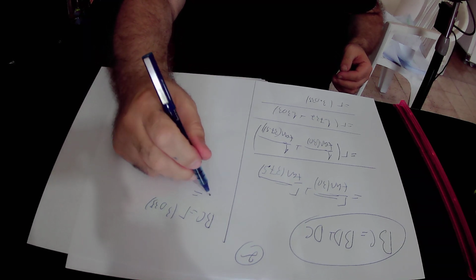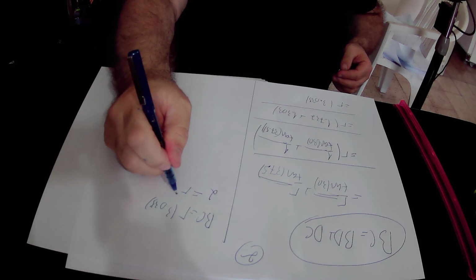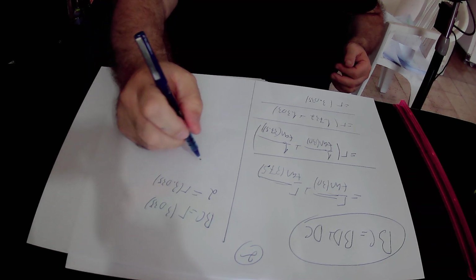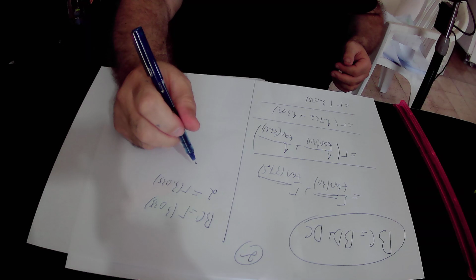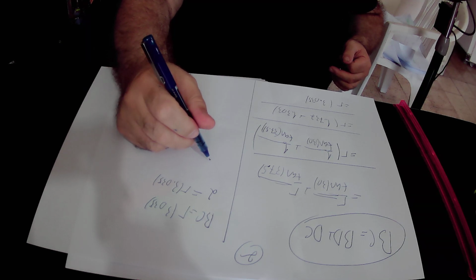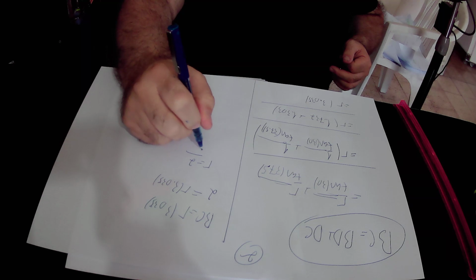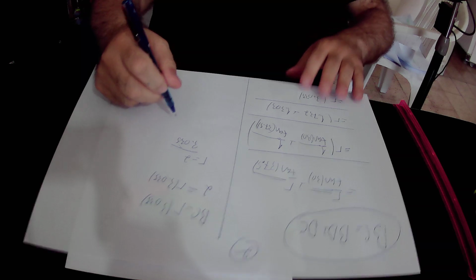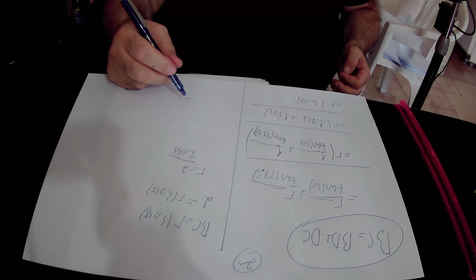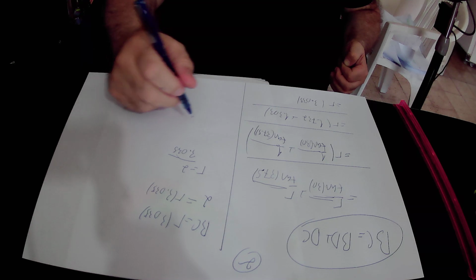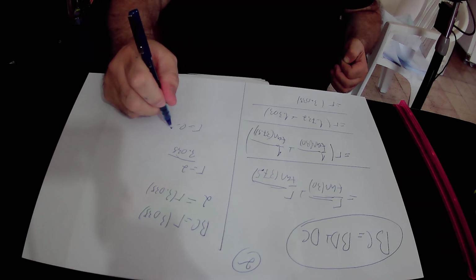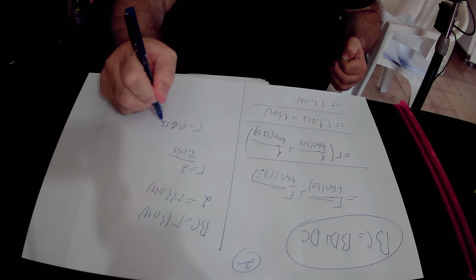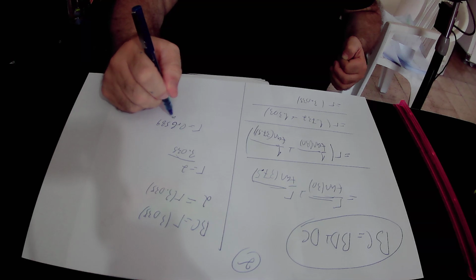BC equals 2, so we substitute BC by 2, so 2 equals R times 3.035. We divide this equation by 3.035 and we get that R equals 2 over 3.035, and 2 over 3.035 is equal to 0.6589 units.